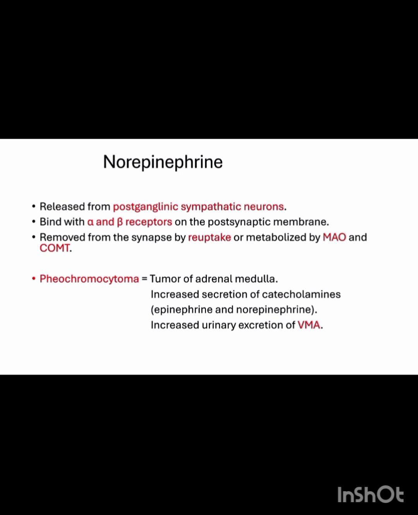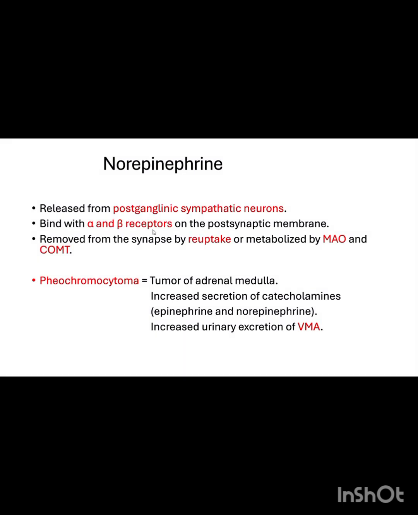The preganglionic neurons, in both the parasympathetic and sympathetic nervous systems, release acetylcholine, so these fibers are cholinergic. But the postganglionic sympathetic neurons release norepinephrine.